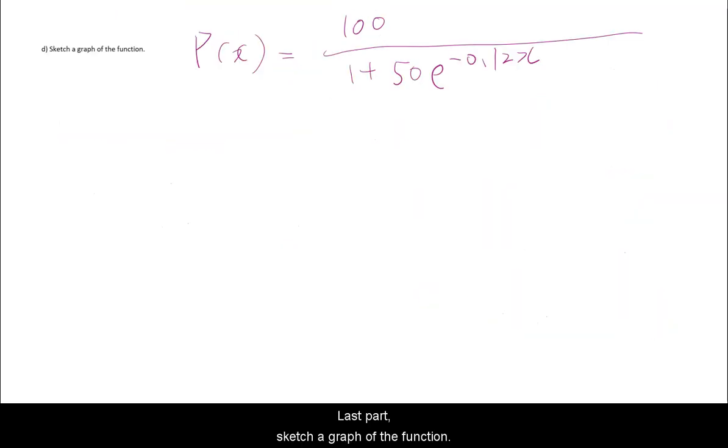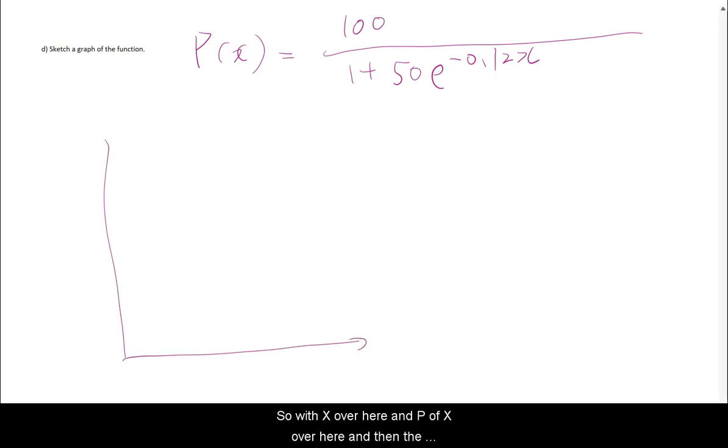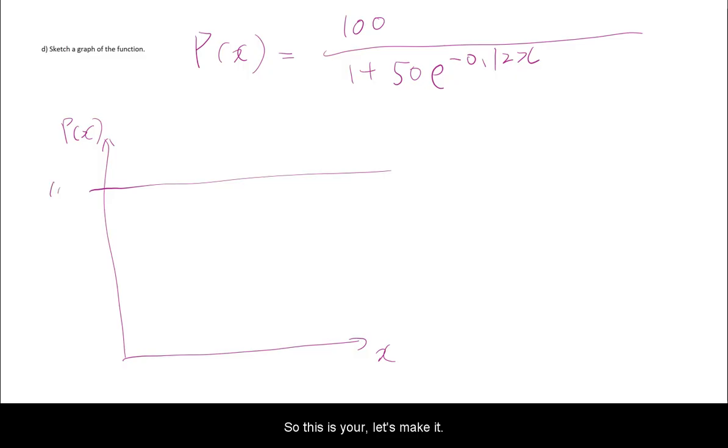Last part, sketch a graph of the function. Obviously this is a logistic function, and we know the graph roughly looks like an S. So with x over here and p of x over here, there's a maximum value or upper bound, that will be the 100, that will be our L. Let's make it dotted because it's not part of the graph.